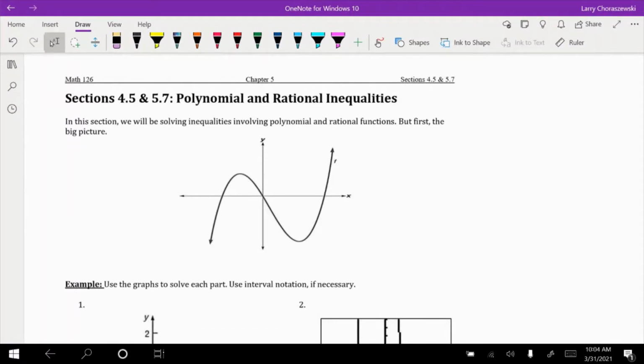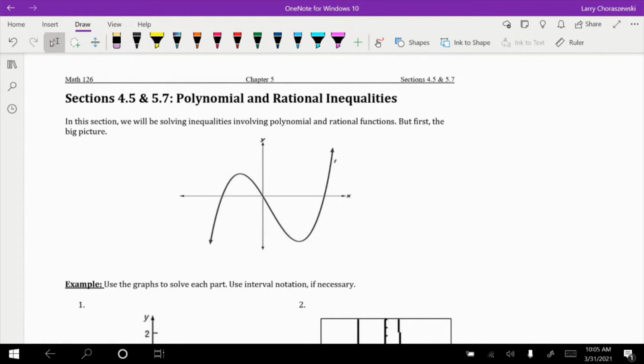So we can't really have a discussion on zeros without bringing in inequalities, because the zeros of a graph help us to separate the graph into parts that are above the x-axis and parts that are below the x-axis. What information is valuable about those parts that are either above or below is what helps us to solve inequalities involving polynomial or rational functions.